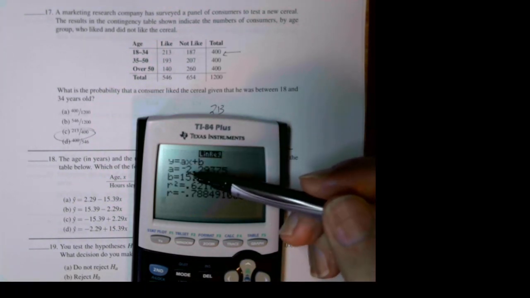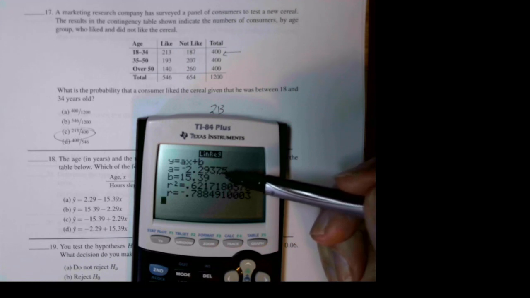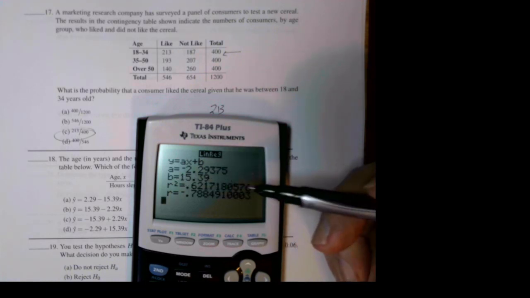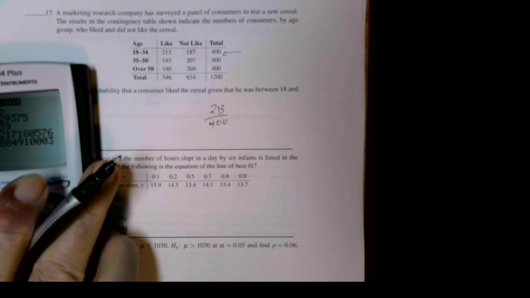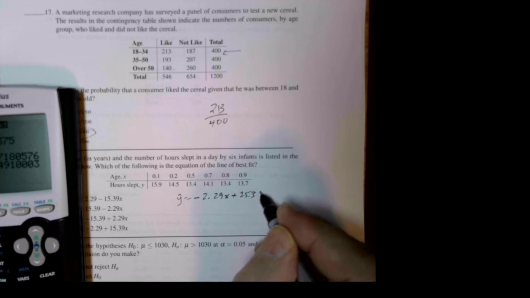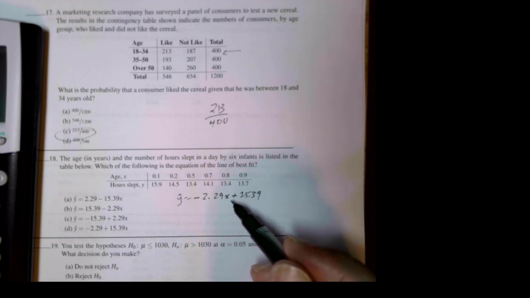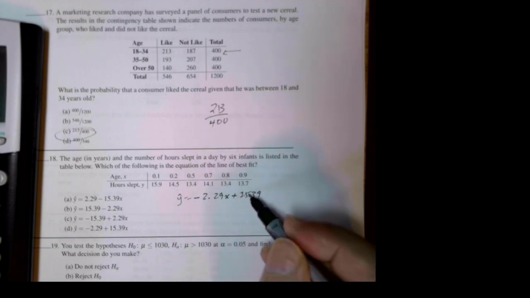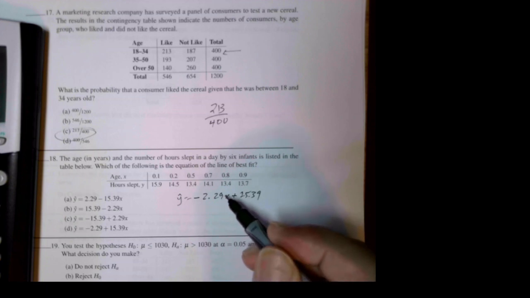Y equals ax plus b, with a equal to minus 2.29 something, and b equal to 15 point something. So we would probably write the equation as y hat equals minus 2.29x plus 15.39. It's not written quite that way here, because very often when equations have a negative coefficient of x, you write them the other way. So it would be 15.39 minus 2.29x.